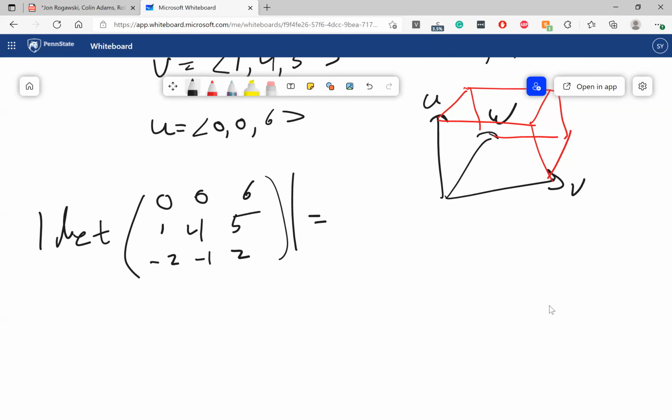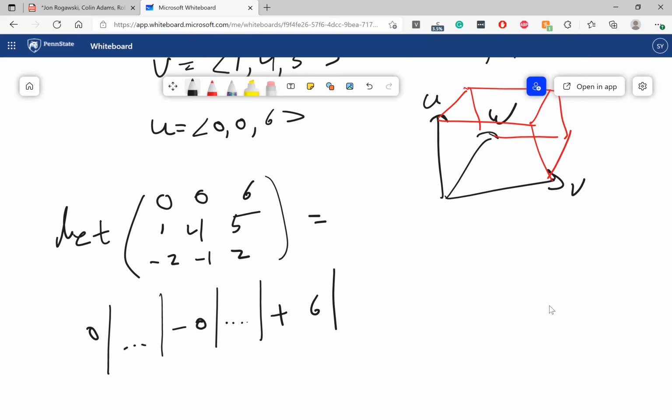So this determinant is going to be the absolute value. I'm going to ignore that for a second. Let's just take the determinant. So I'll erase this for a second. 0 times the matrix, and it doesn't matter what goes in here, minus 0 times the matrix, doesn't matter what goes in here, plus 6 times the matrix 1, 4, -2, -1, which is equal to 6 times -1 plus 8.